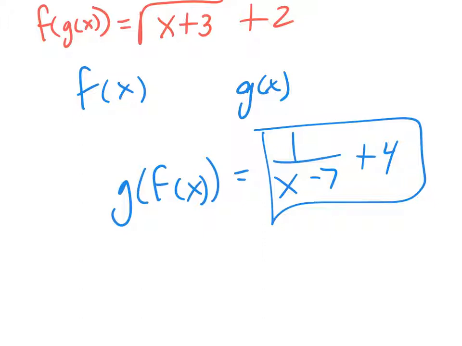Hint, figure out the f function first. The thing that was inside, that feels like it's an inside. So that was x minus 7. Now, what would g of x had to be to make that work? G of 1 over x plus 4.